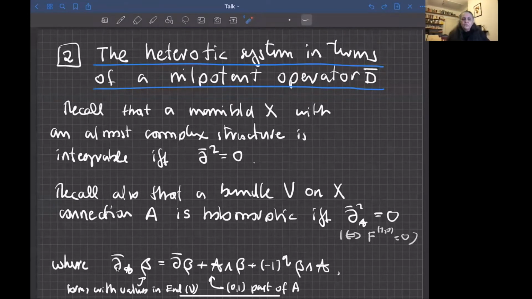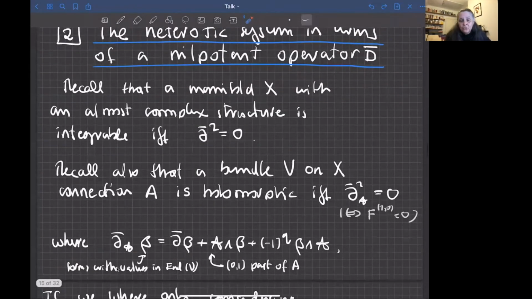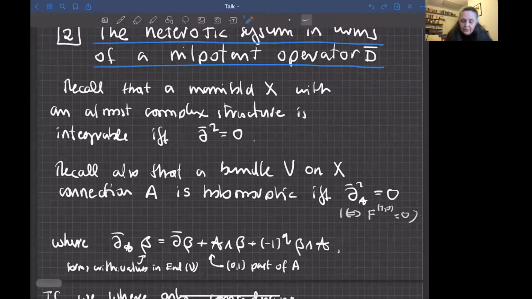So what we are going to do is to lift this idea to the heterotic system. It is well known also that one can lift this idea just to a bundle on the manifold, right? So recall also that a bundle B on X with connection A is holomorphic if and only if this del bar operator squares to 0.